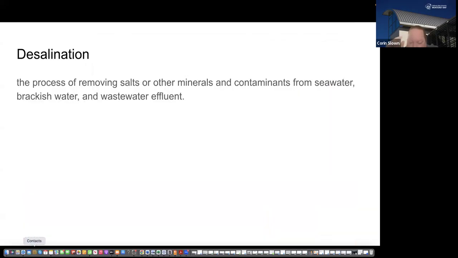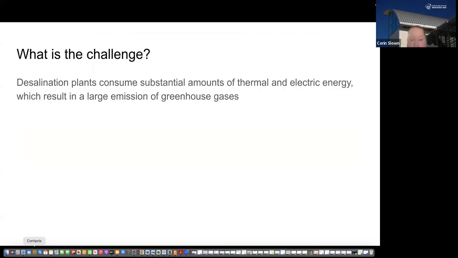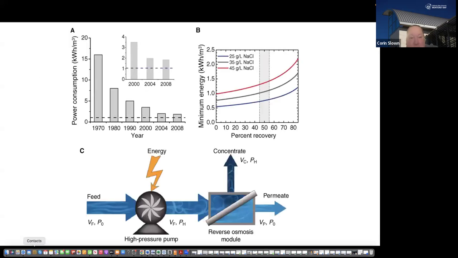So, at its most fundamental level, desalination is this process of removing salts or other minerals and contaminants from seawater. The challenge, right, is that it consumes both a substantial amount of thermal and electrical energy, which has the emission of greenhouse gases associated with it, and there are problems with pollution as a result of the discharge.